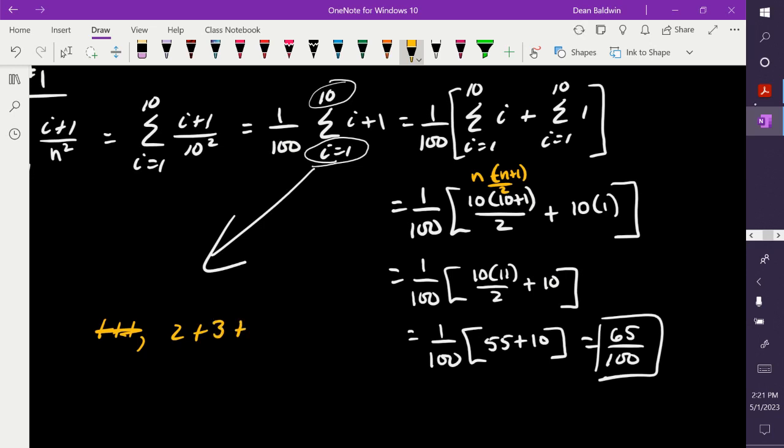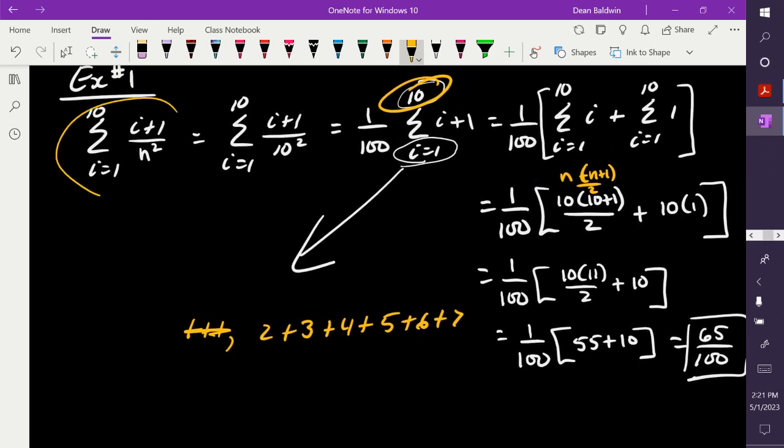Then you put in i equals 3, plus 4. Then 5, plus 6, plus 7. You keep going all the way up to that point. That's all it means. What is the value of this? That is, if I plug in i equals 1 all the way up to 10, what number do I get?